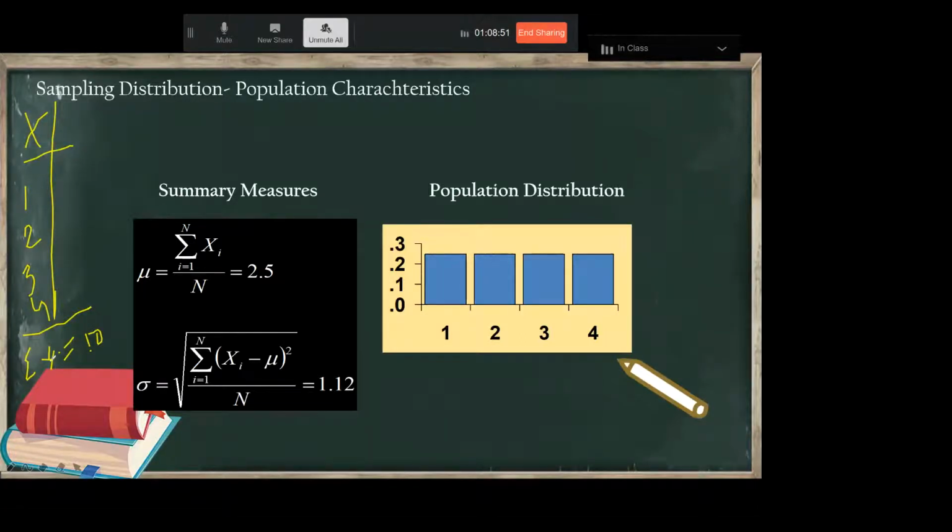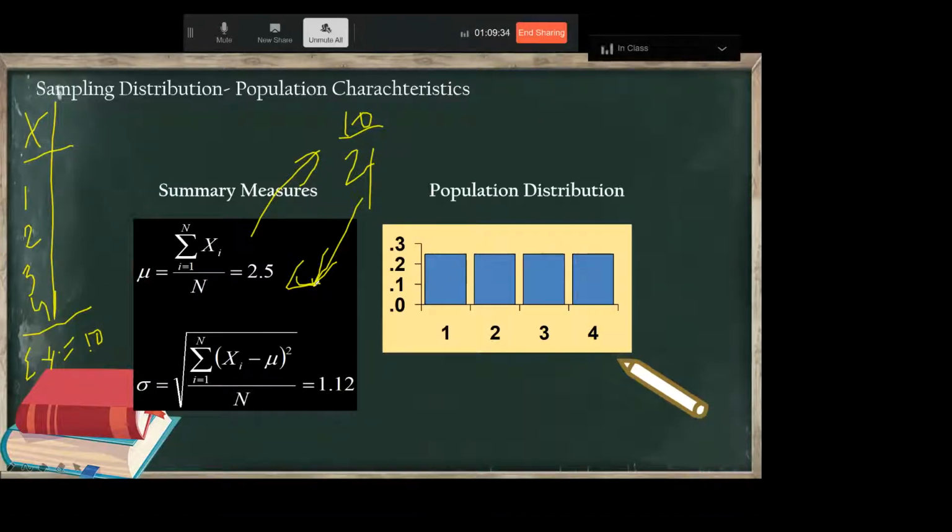So the sum of x upon N, you can do 10 by 4, which again gives us 2.5. Do you understand? So this is 10 by 4, which is 2.5. That's our population mu.